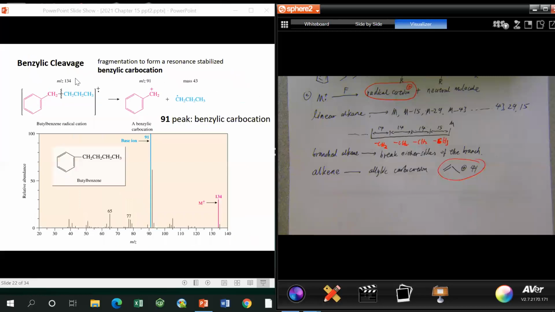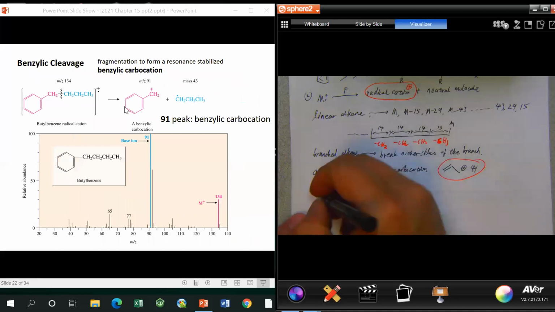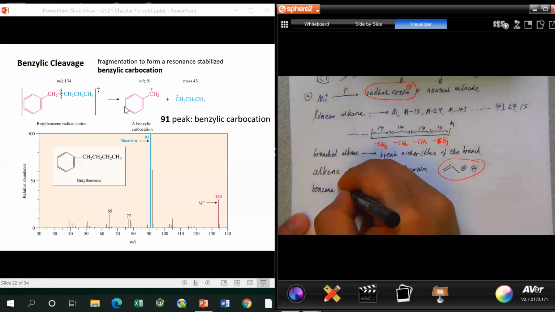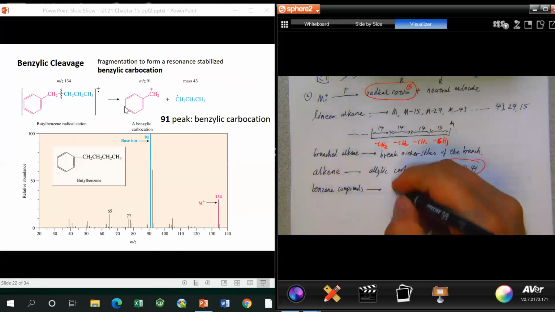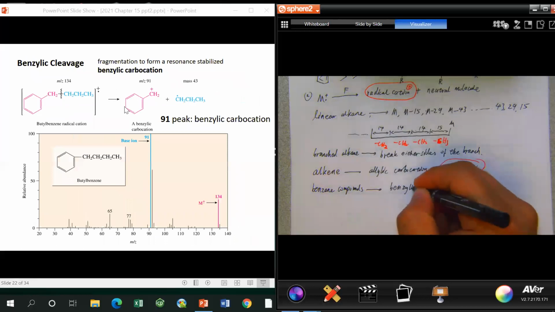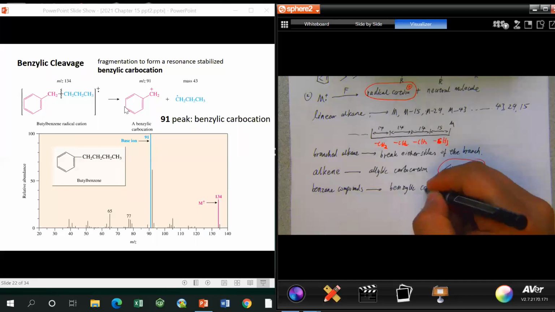And a similar thing for benzene compounds. If there's an R group attached to the benzene, quite often you should see the benzylic cation, also called the benzylic carbon cation.